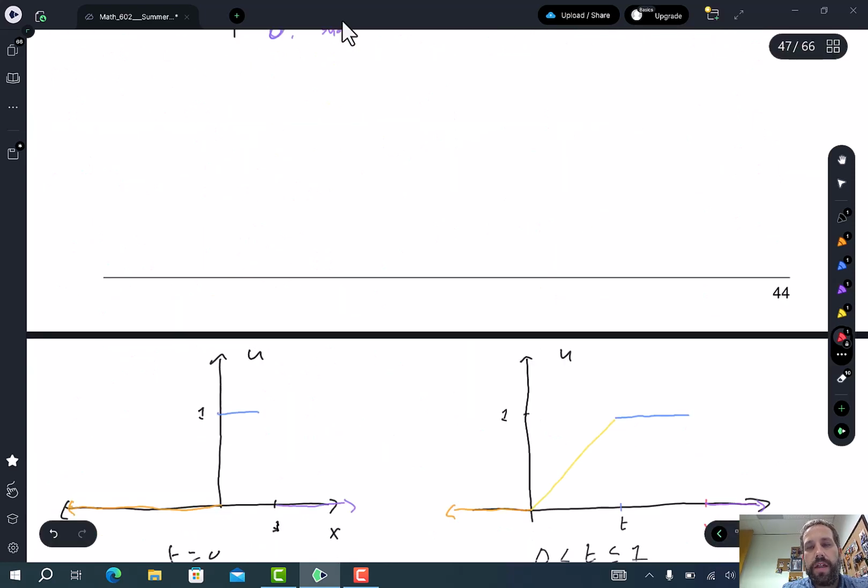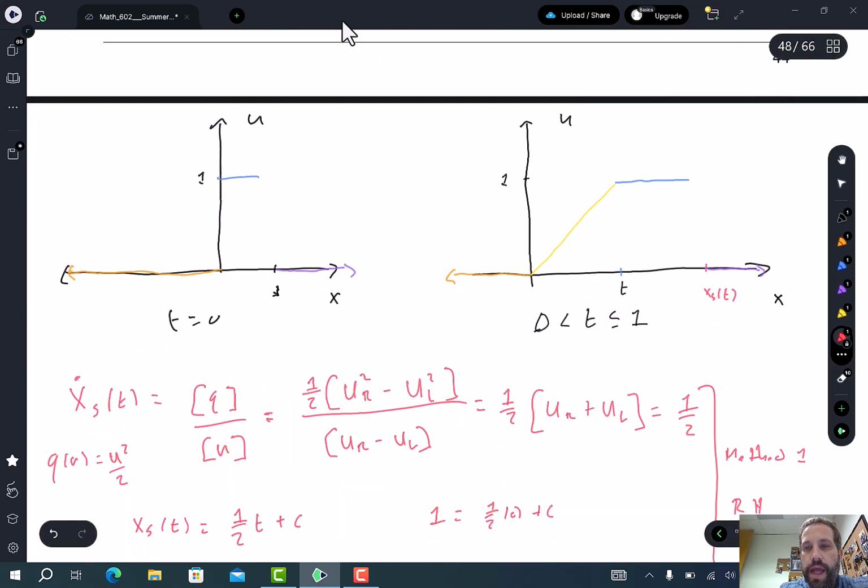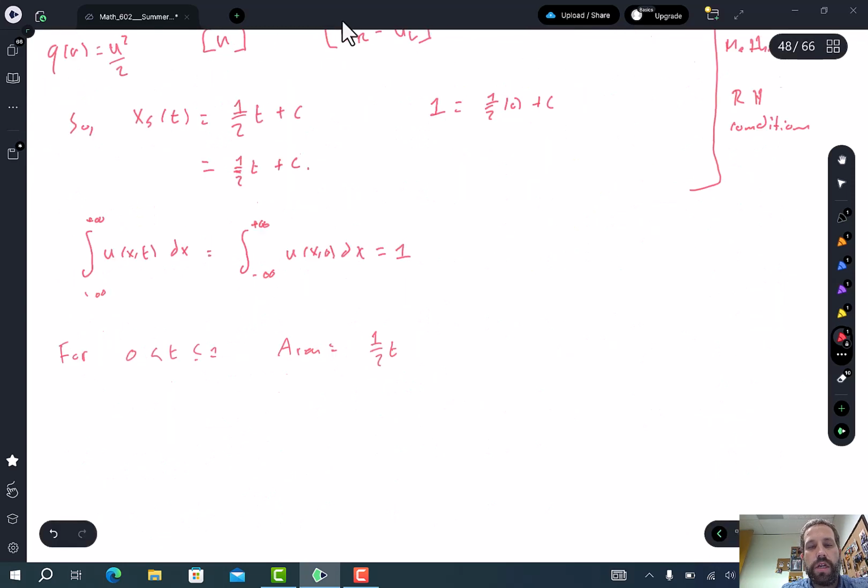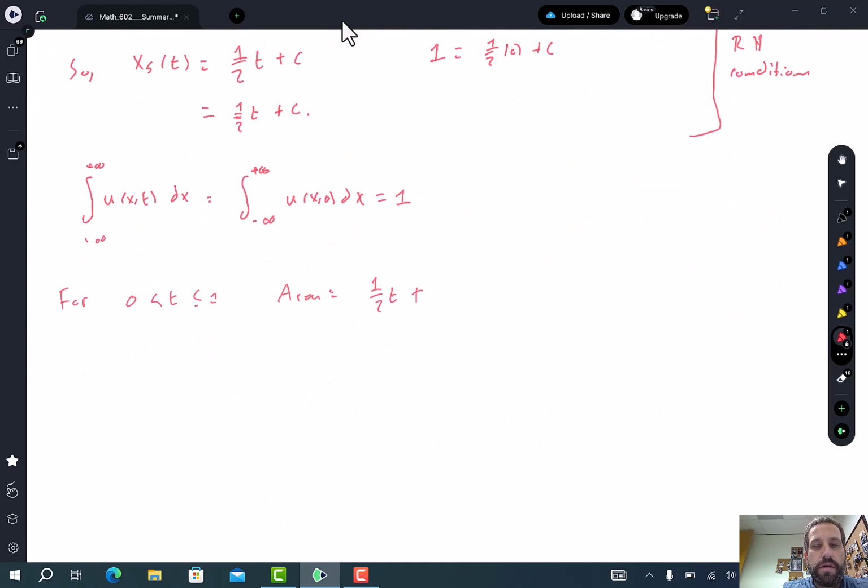Okay, that gives me the yellow triangle part. Now the integral of the blue part, what is that going to be? Well, it's just going to be the base times the height. So it's going to be the shock location minus t times 1. So it's going to be plus xs of t minus t. This is the area for any t between 0 and 1.